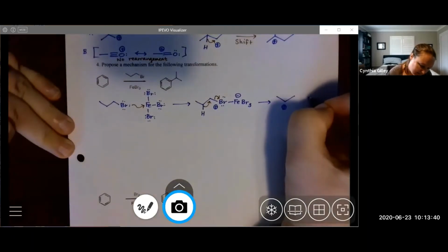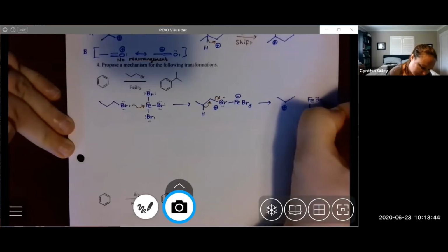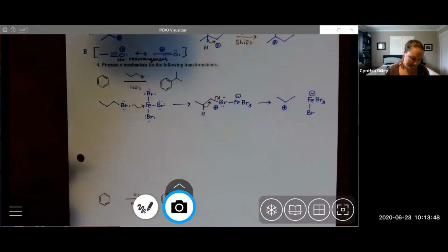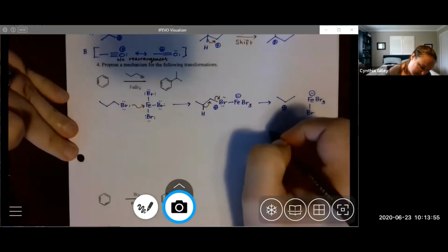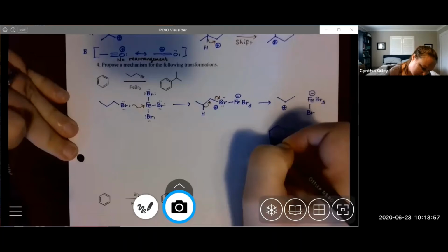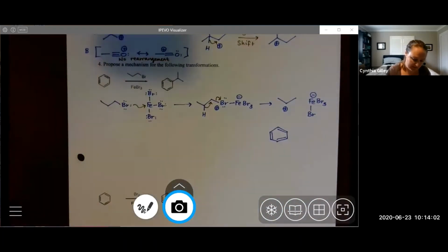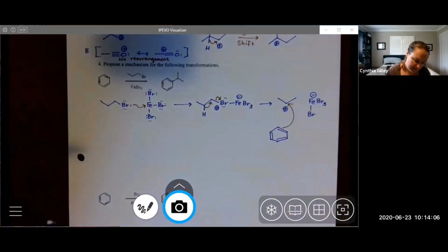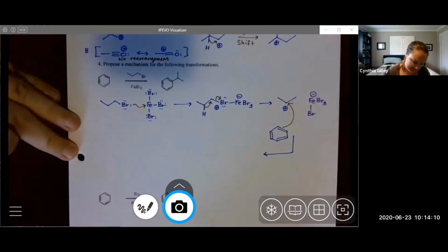Plus, have the leaving group leaving. And at this point, this is a good enough electrophile for the aromatic ring to come in and do its nucleophilic attack. Remember, we need a pretty strong electrophile in order for the weak nucleophile to get involved in the reaction. So now the aromatic ring can do its nucleophilic attack.